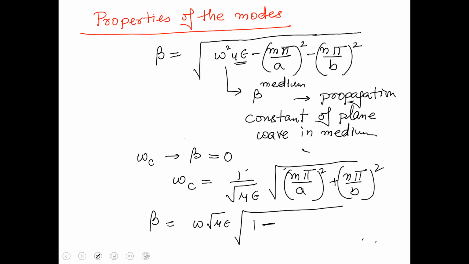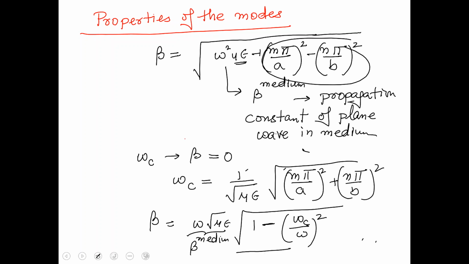This term just becomes 1 by mu epsilon of the term over here, which is nothing but omega c. Again, remember this part is nothing but beta in the medium. It's telling you that the beta of the waveguide has decreased from the medium by how much off you are from the cutoff frequency, how high you are from the cutoff frequency for that specific mode.